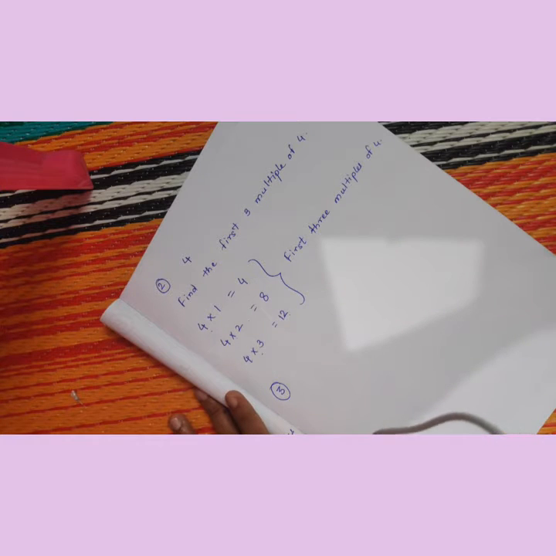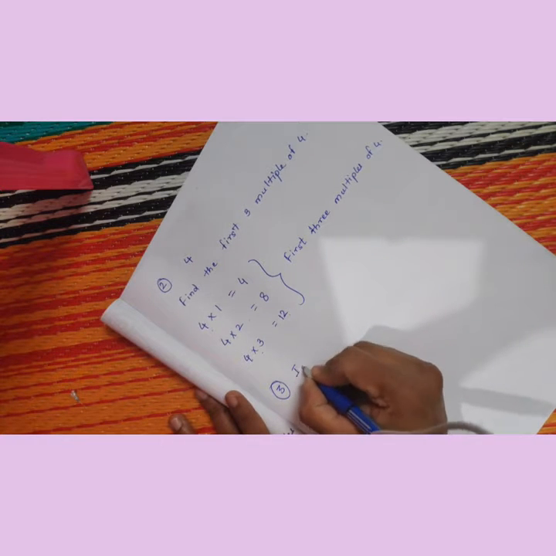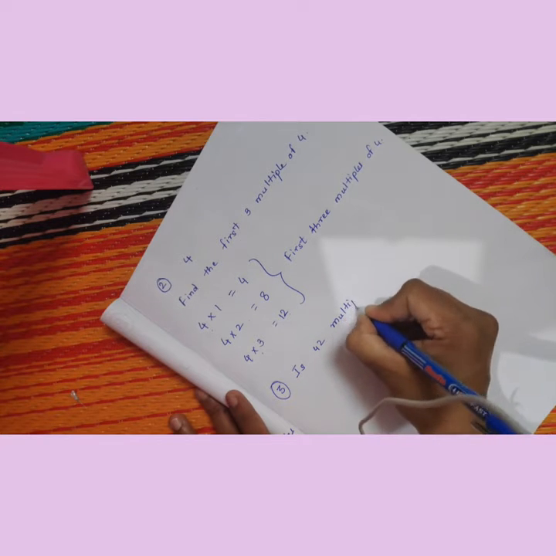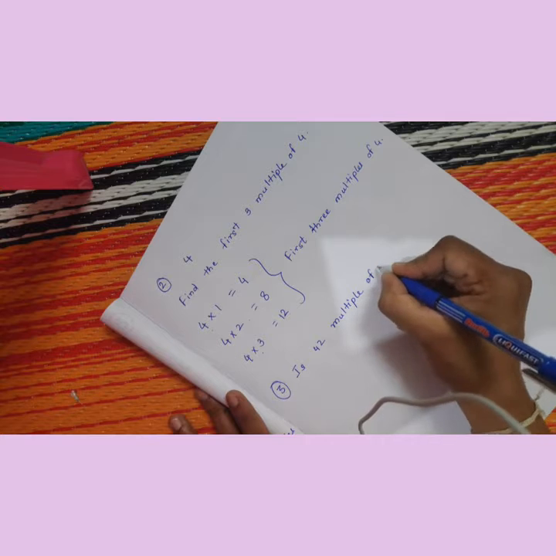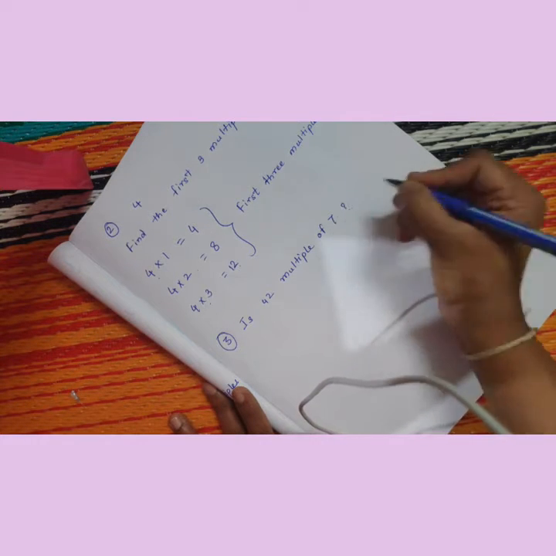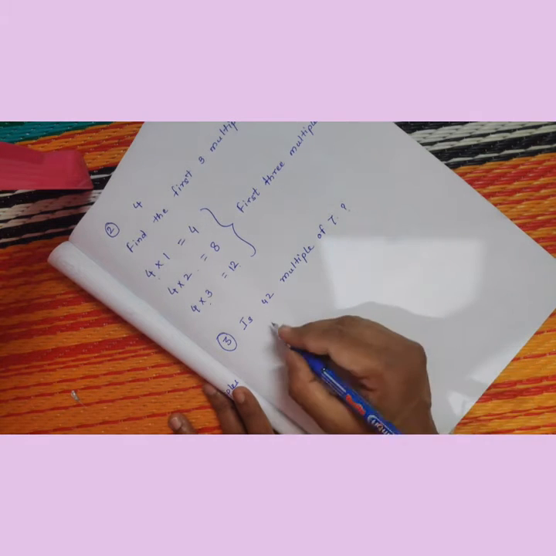Now we will take another example. Suppose a question is there: is 42 a multiple of 7? How will we cross check whether it is a multiple of 7 or not?